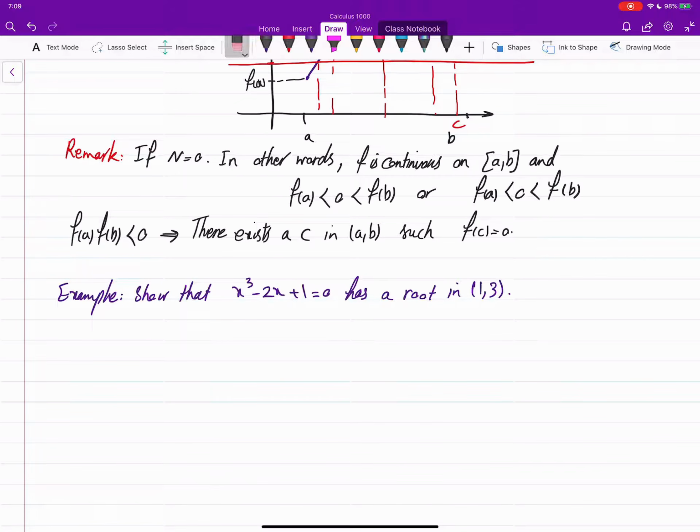Okay, this is minus, not plus. So here we define f of x to be x cubed minus 2x minus 1.